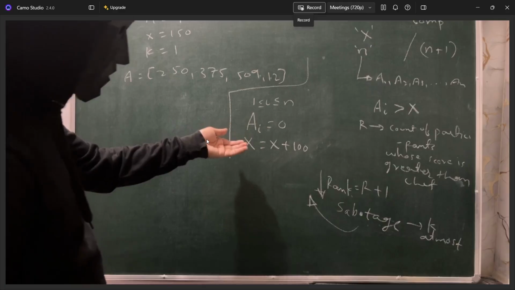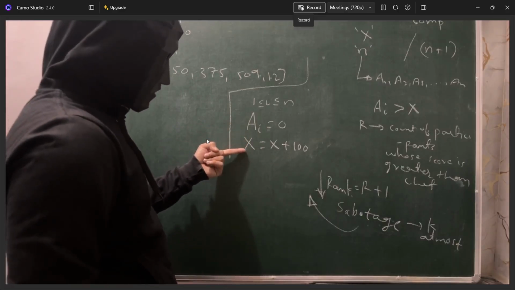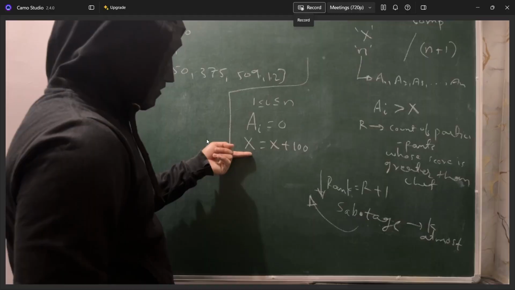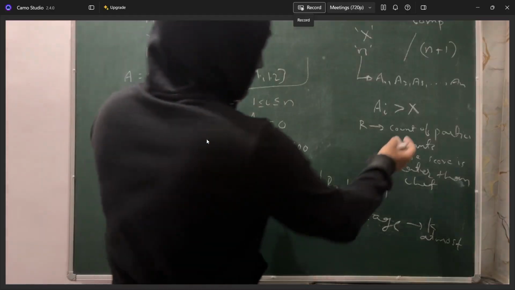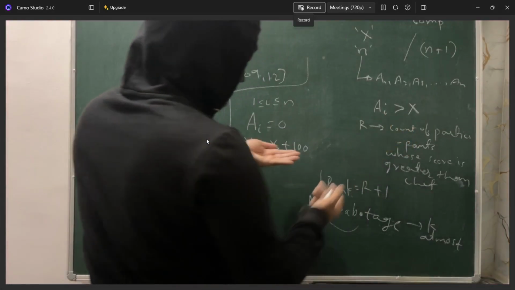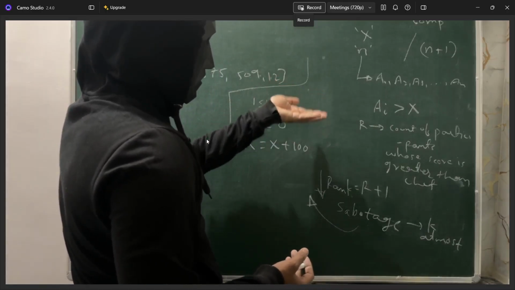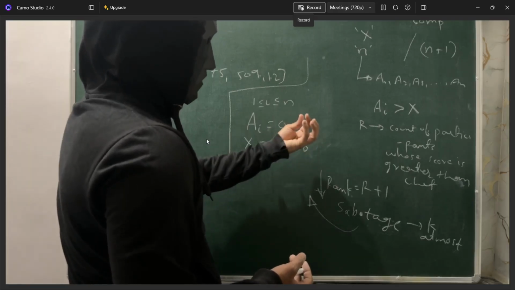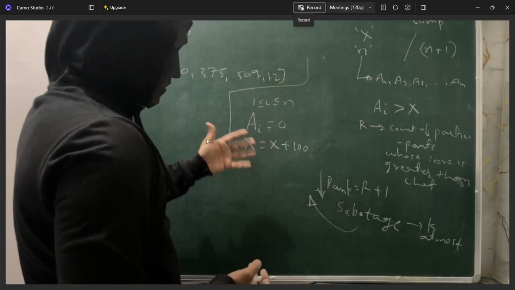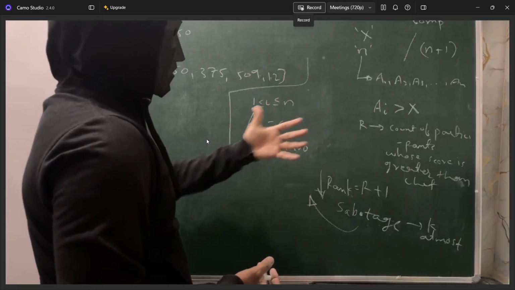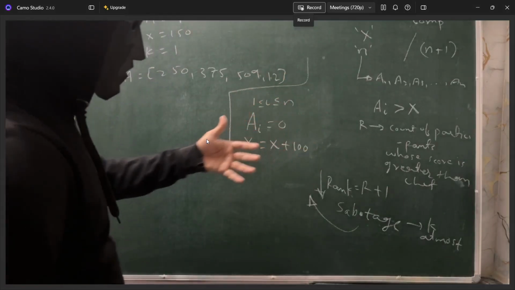Why is he doing this? Because he wants to maximize his score x. If he scores more, his rank will be less, and eventually he is the better performer. So this is the concept behind the problem. I think you guys understood.